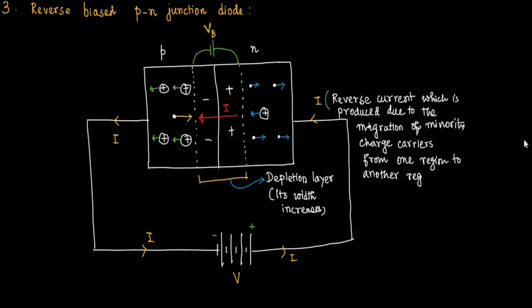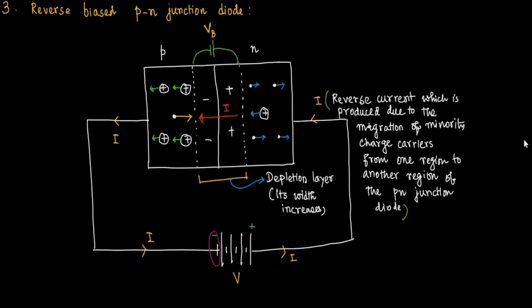Another region means from the P region to the N region, or the N region to the P region of the PN junction diode.